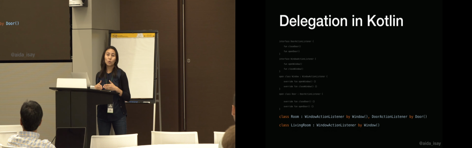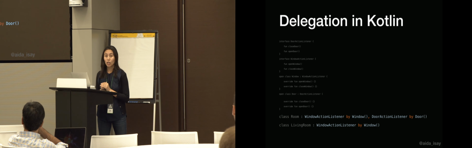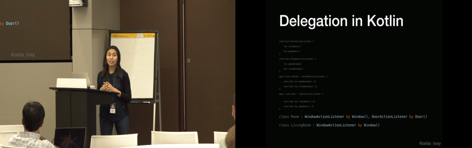Let's say we want to rewrite these room and living room classes in Kotlin. We would still need to introduce interfaces for window and door classes, and then have those window and door classes implement the interfaces, as shown above. Then upon creating room and living room classes, use the simple keyword by to define a delegate.